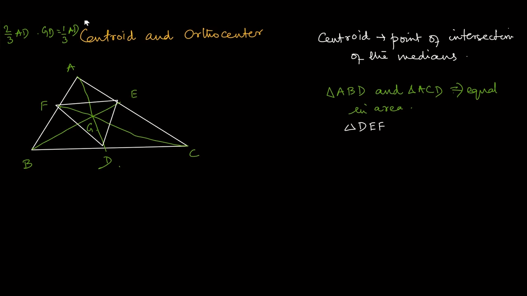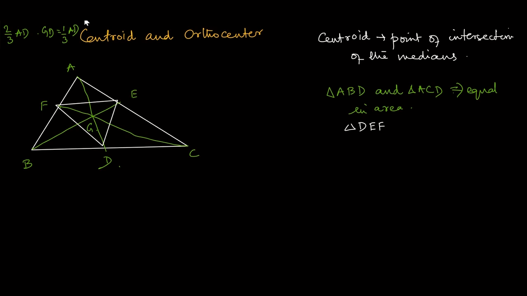That it's 1/4 the area of triangle ABC. Okay, correct. Why is that? Because we can prove all of the four parts to be equal. And then DEF will become 1/4 of triangle ABC.